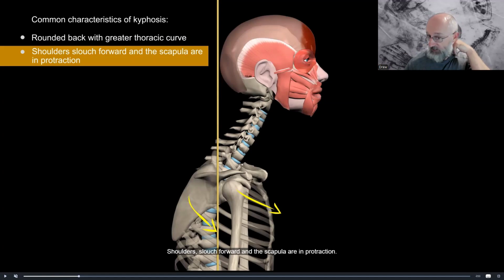Sometimes we need strength first, so we want to actually get these rhomboids and medial traps stronger, and that will then create the mobility, so pulling the shoulder blades back, and then that will give us the stability as well. So depending where we are in the posture, sometimes we need to start with strength, sometimes with mobility, sometimes with flexibility, sometimes with just stability, and sometimes we need to do it all at once.